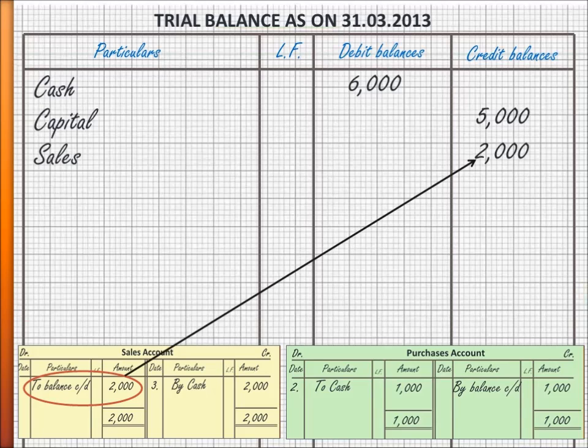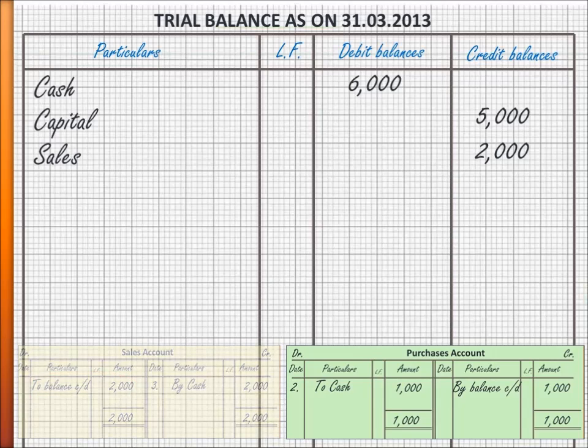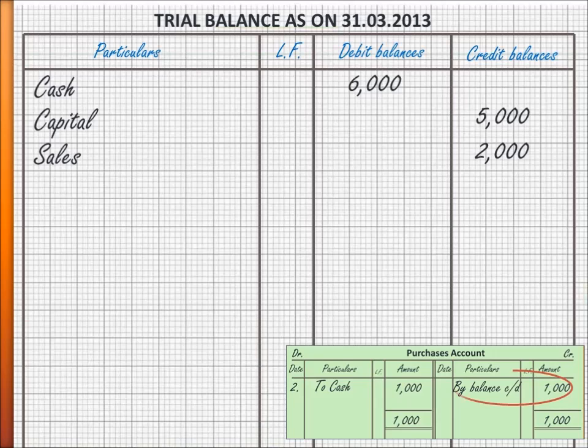Be careful. There is no debit side or credit side of trial balance. There is always a list of debit balances and credit balances. Just for the convenience, I am calling it debit and credit side of trial balance. Then purchases, CD on credit side. So it will be taken to the debit side of trial balance. Purchases rupees 1,000.